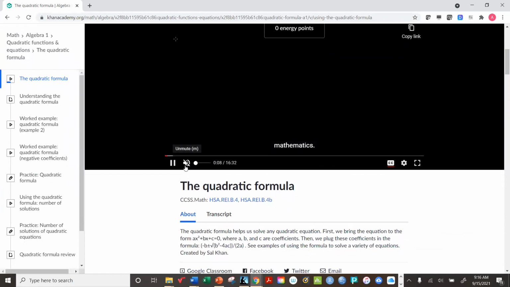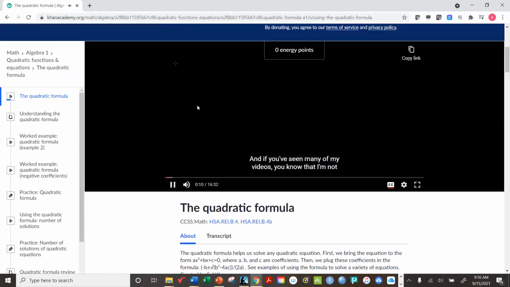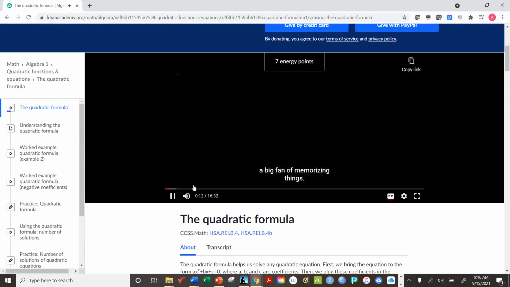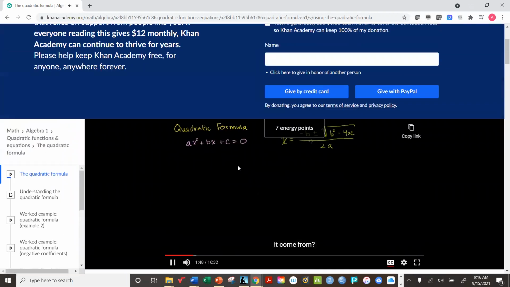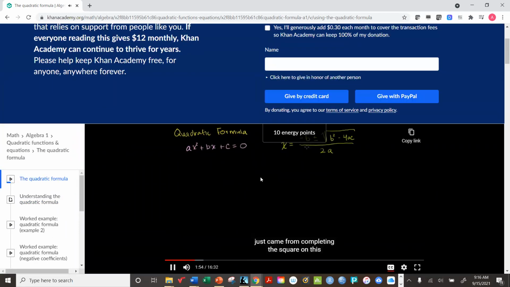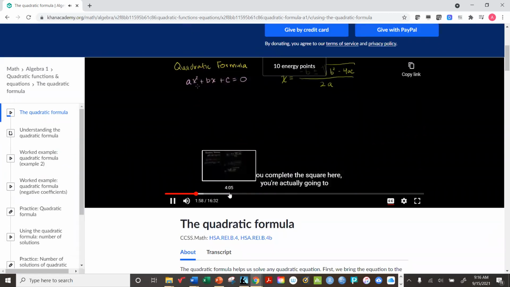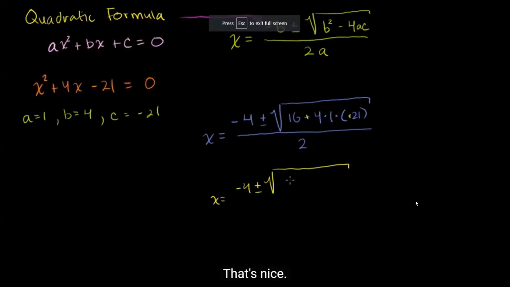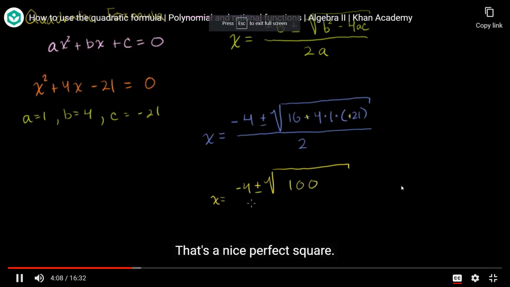And it's potentially very helpful. I don't know what this energy point crap is, but here it is.